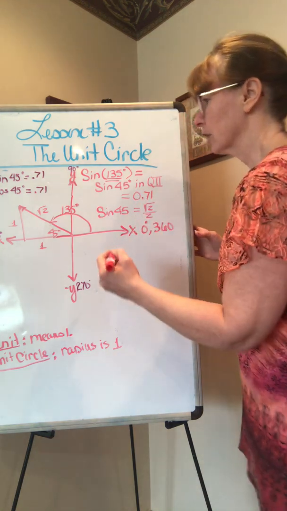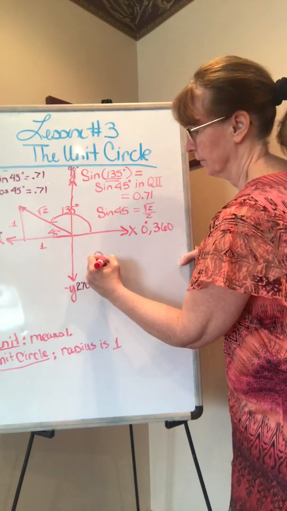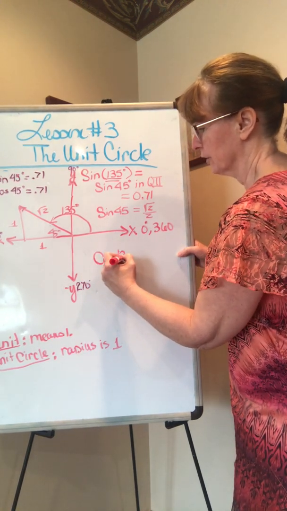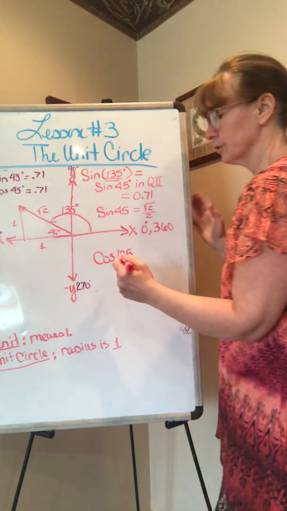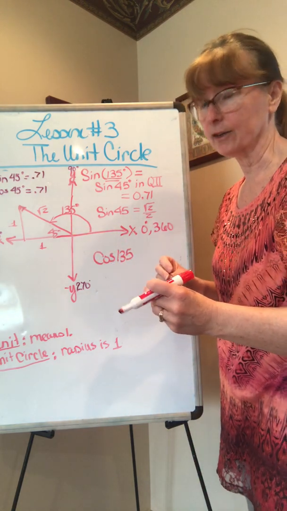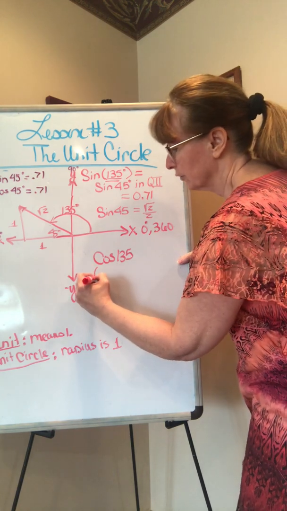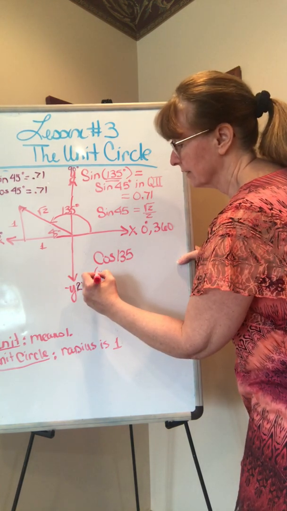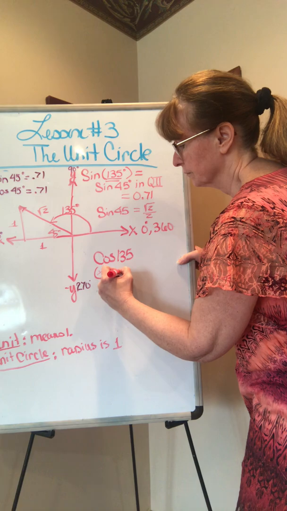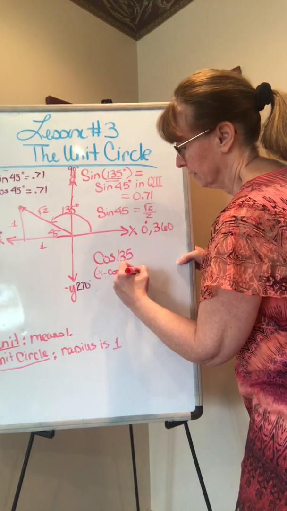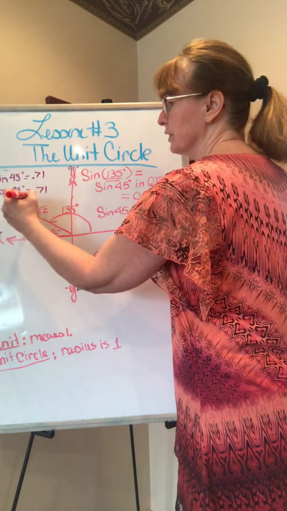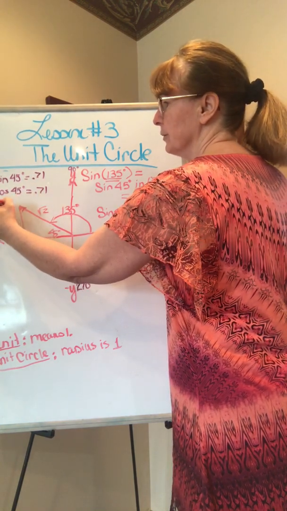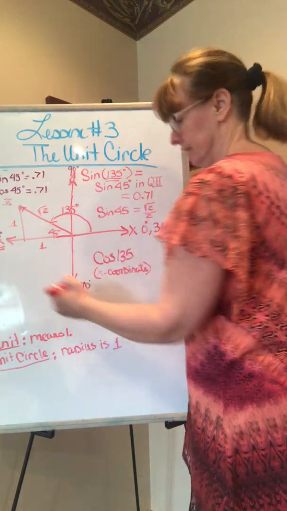But what about the cosine of 135 degrees? Well, cosine is equal to, as we just said, the x-coordinate. So let's write ourselves a note: this is the x-coordinate. And the x-coordinate in quadrant 2 is negative.